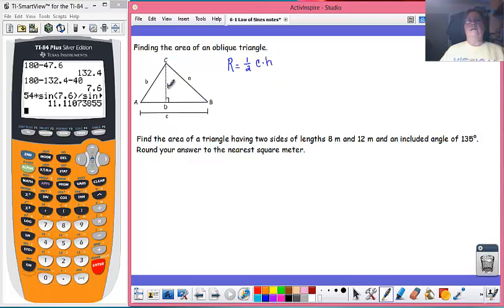See, the deal is, however, folks, that h, we can find that if we knew some information about this triangle, okay?